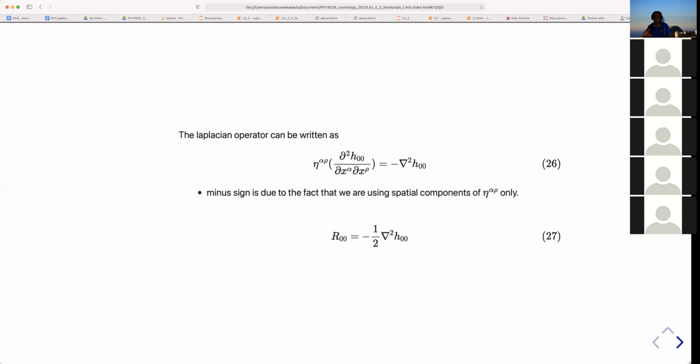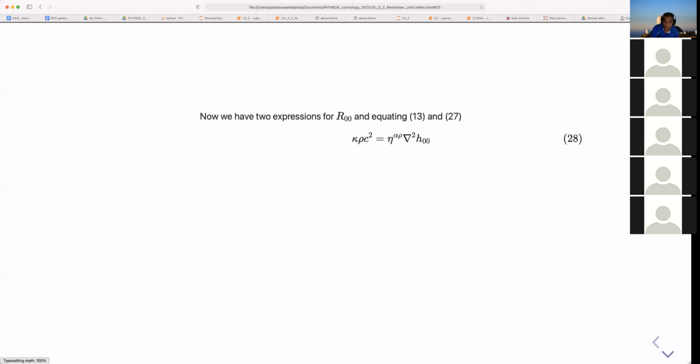Now we have used the Ricci tensor directly and again used the conditions for the weak gravitational field to derive this expression. Now we can equate those two if needed. So that's what I have done here, the two expressions for R00.